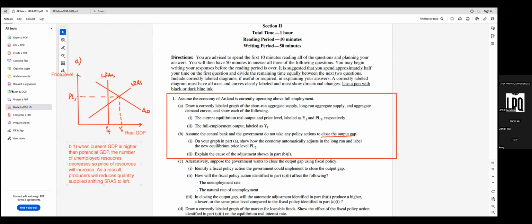One final step, let's add one more. So let's shift short run AS to the left. Okay, so you can go back to this normal level GDP.